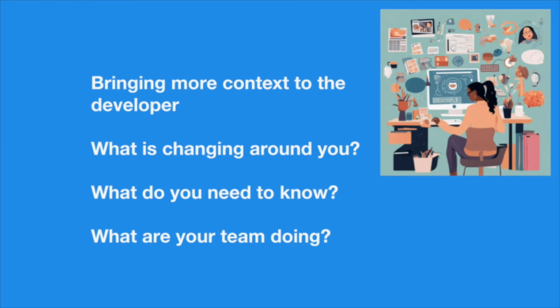One of the things this means is that we need to bring a lot more context to the developer. Often collaboration and interfaces for developers just consist of telling them a lot of things that are happening. But as the complexity grows, we really need to think more about whether we are bringing the right context to the developer at the right time.